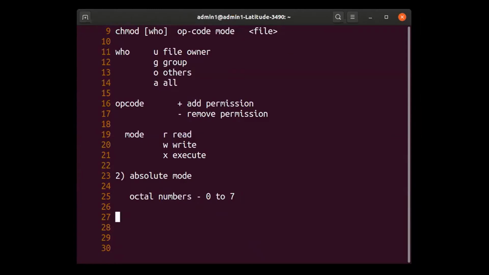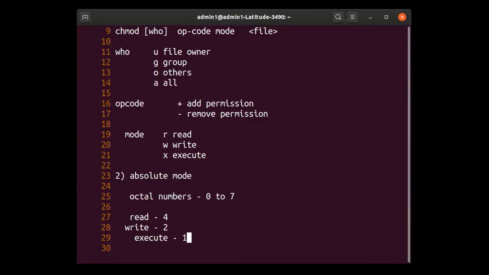The octal values are as follows. For read it is 4. For write it is 2. For execute it is 1. Okay. So for read it is 4, for write it is 2, for execute it is 1.